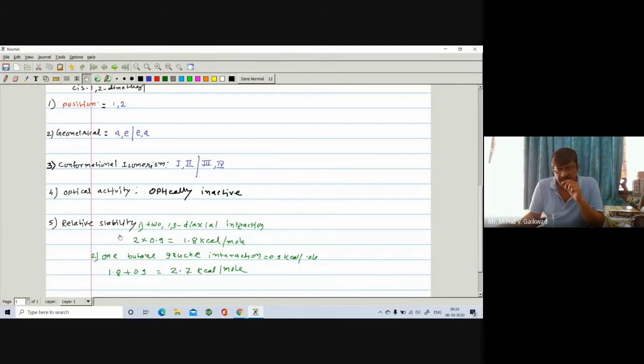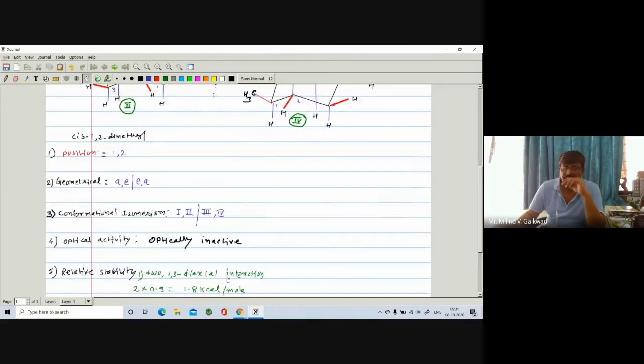Then we have seen the relative energy. There is a presence of axial group. So when there is a presence of the axial group, there are two 1,3 diaxial interactions. So total energy is 1.8. Also, there is a presence of one butane-gauche interaction. So you have to add 0.9. So total energy is 1.8 plus 0.9 is equal to 2.7 kilocalorie per mole energy.